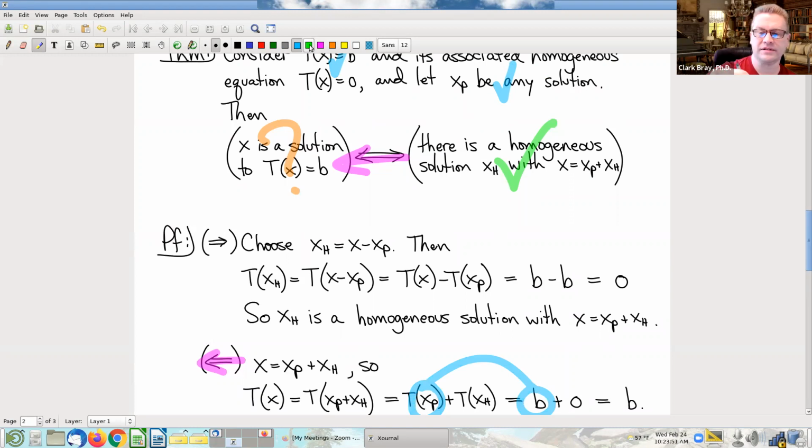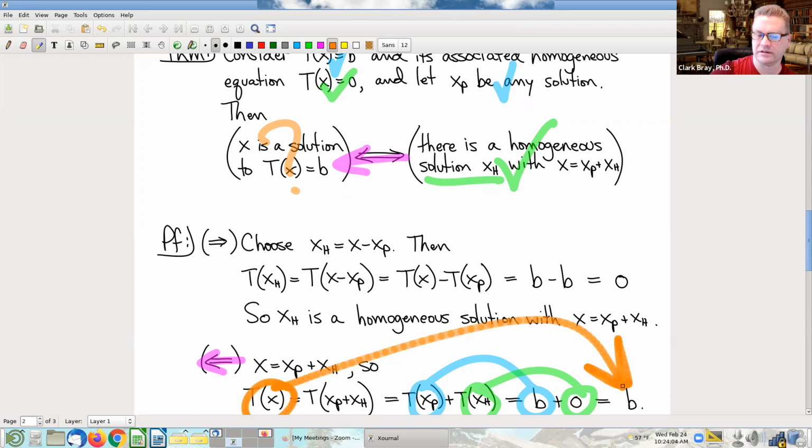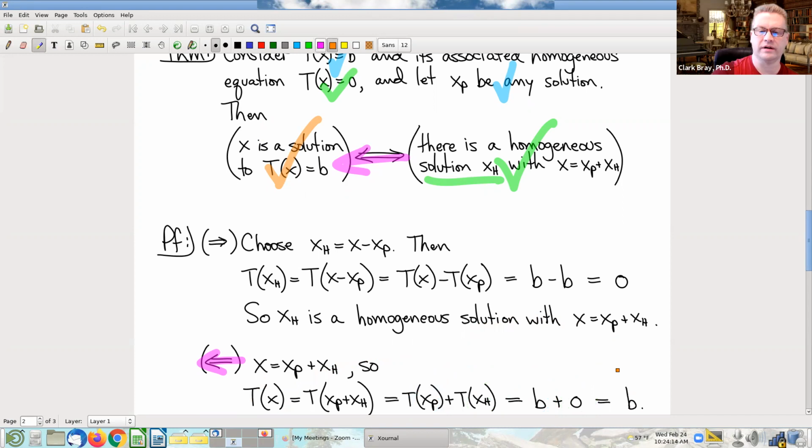And we are assuming xh is a homogeneous solution. And so T of xh is equal to 0. And therefore, as required, T of x is b. So this is no longer a question. This is an established fact. And therefore, as we hoped, we have proved that side of the argument.